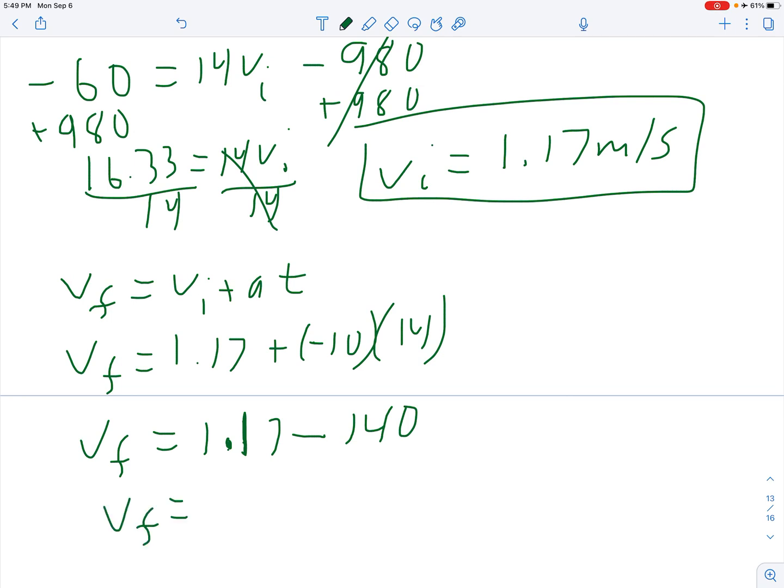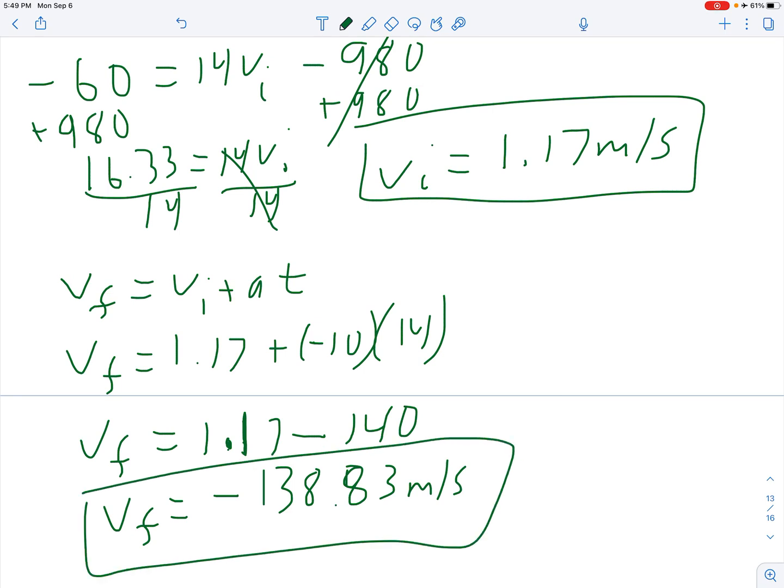Okay, so VF would be negative 138.83 meters per second. Okay. Let's keep going.